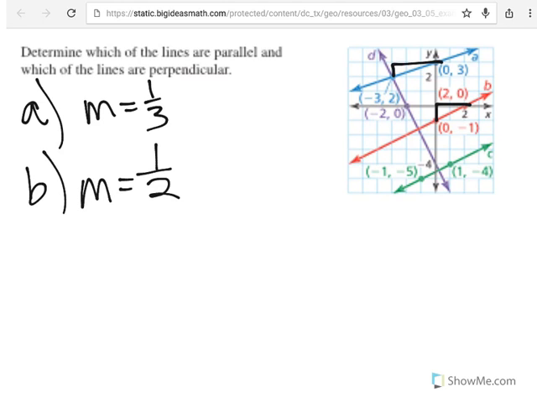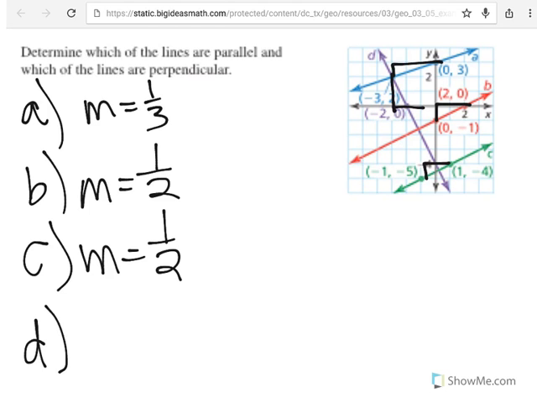For C, we count up 1 over 2. And then for D, I'm going to start at -3, 2, and go to -2, 0. So I'm going down 2 over 1. Since I'm going down, that means -2 over 1.